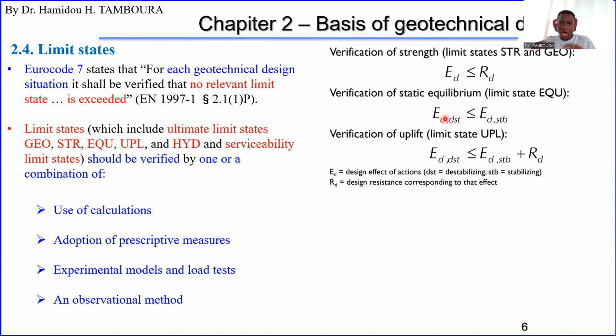So in your actions, you will have some actions contributing to stabilize your structure, and some other actions contributing to destabilize your structure. So you have to compare these two. So the equilibrium limit state will be verified by using this.